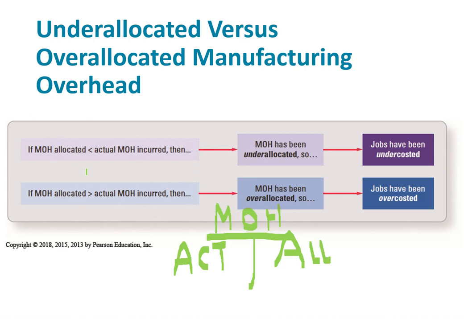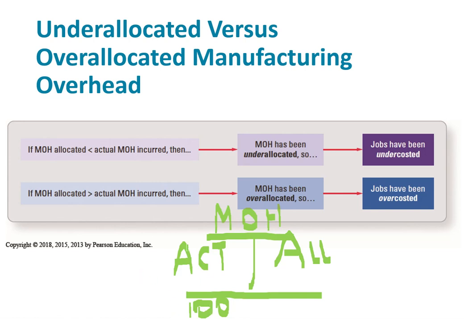Again, when the allocated is less than the actual, then you have an underallocation. So that would be something like this, where the actual, let's say, has a balance of 100. That means you underallocated. In other words, the allocation part wasn't high enough.